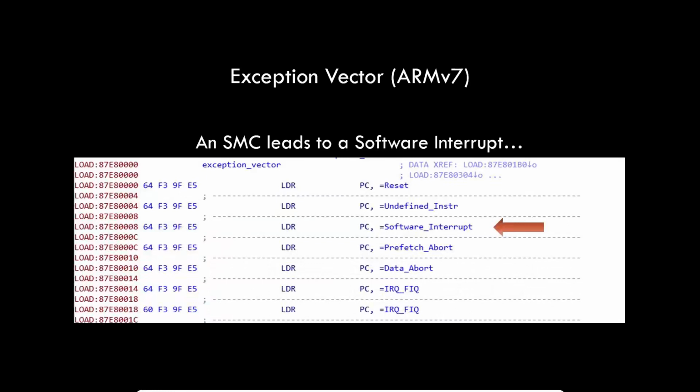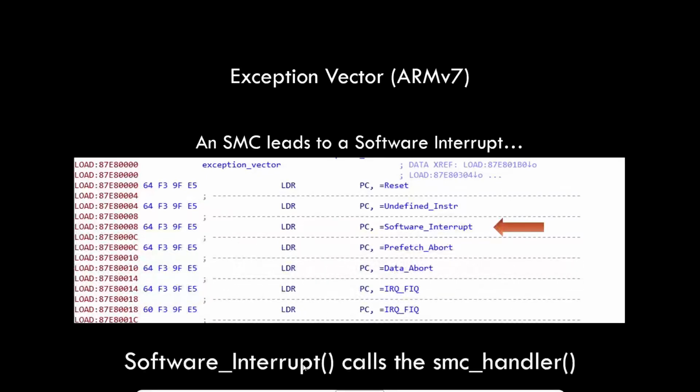So when you are reaching an SMC, your hardware will start executing from here, loading this instruction in the program counter, immediately jumping to the software interrupt. So the SMC is dealt with as a normal software interrupt. The software interrupt routine which is executed actually calls the SMC handler. This is what we refer to as the handler that is going to parse your instruction and act upon that.